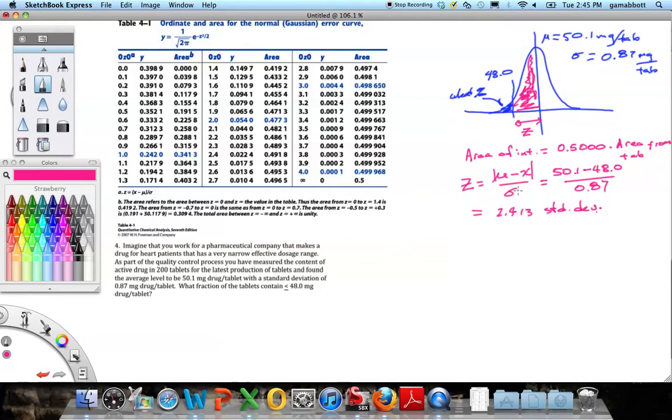Now, we go to the table for z, and we find that there's not exactly what we need listed in the table. 2.4 and 2.5 are the nearest values. So we're going to have to interpolate this table. We know that the area that we're interested in, or at least the area in red, should be the bottom area value plus some.